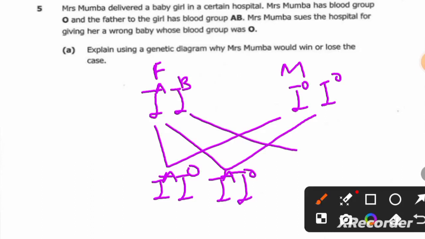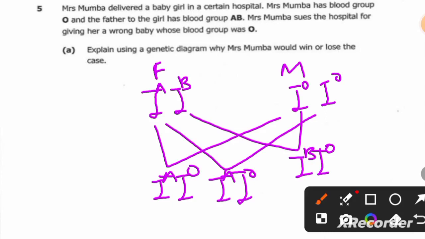We cross this one and this one. We are also going to produce an offspring with the blood group B. This one is showing blood group B. So even here, blood group O is recessive. It cannot express itself fully.